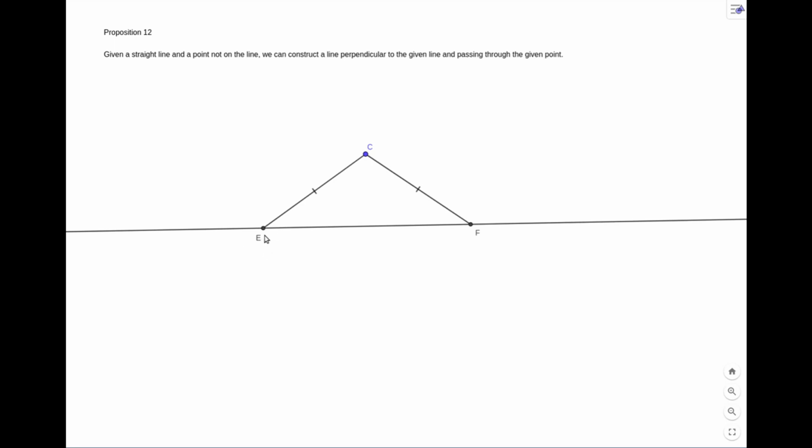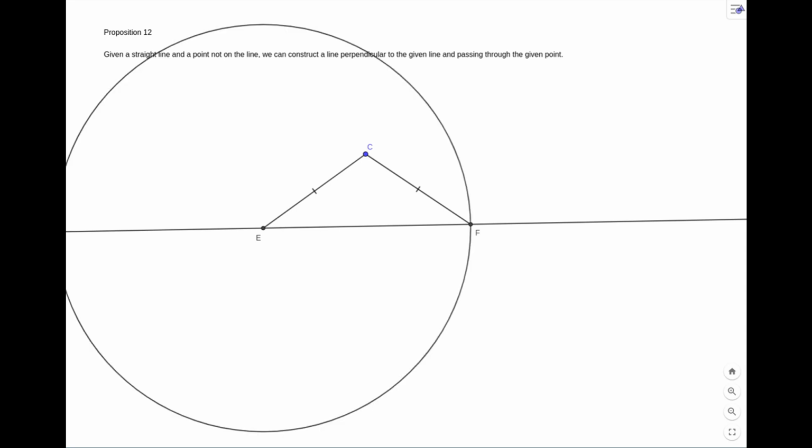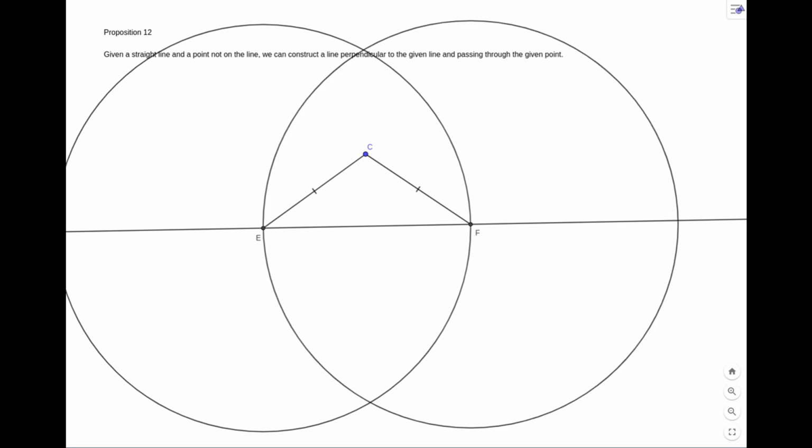And so we want to bisect our line segment between E and F. And remember, to do that, what we had to do was draw a circle centered at E passing through F, and then draw a circle at F passing through E. That gave us two intersection points, one on either side of the line, so that would give us point G, and it would give us point H. Now drawing that line segment between G and H gives us a point of intersection with our line segment EF at point I. And that point I was our point which bisected our line segment EF.